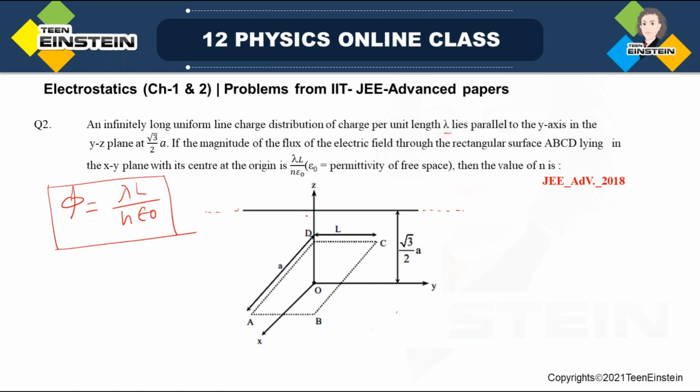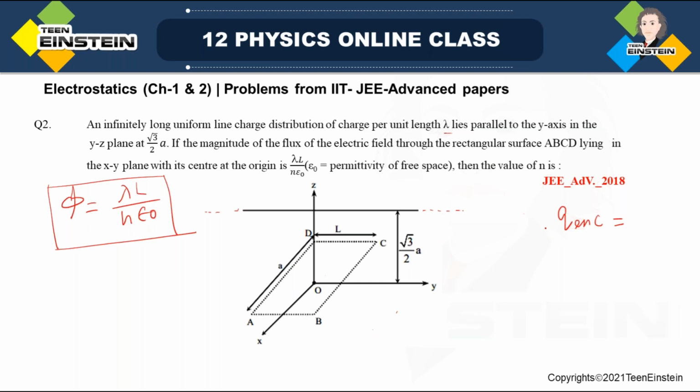In the previous case we have seen, and always remember whenever we apply Gauss's law, the charge enclosed should be enclosed by the Gaussian surface. If any charge is residing outside the Gaussian surface, that will not contribute to the electric flux.